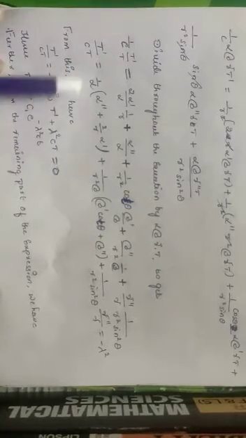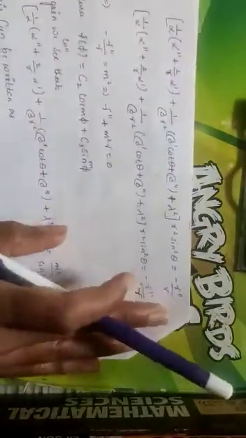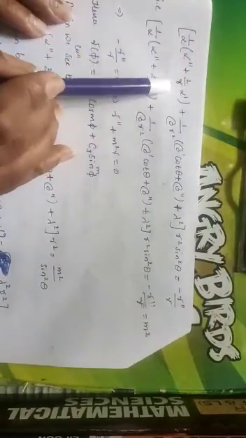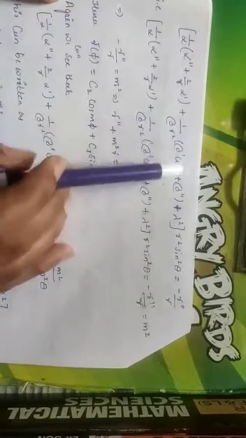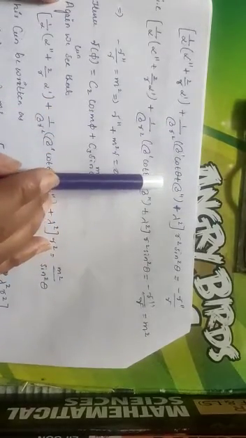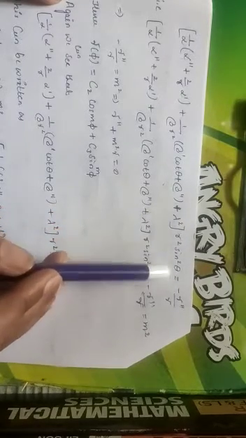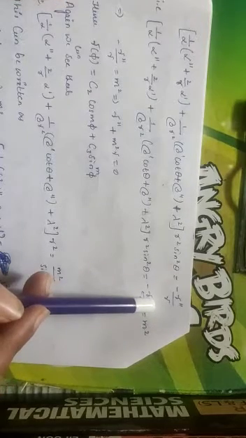Okay, further we consider the remaining part of the expression. The remaining part is 1 over alpha into alpha double dash plus 2 by r into alpha dash plus 1 over beta into r square into beta dash cot theta plus beta double dash plus lambda square into r square sin square theta, which is equals to minus gamma double dash divided by gamma.